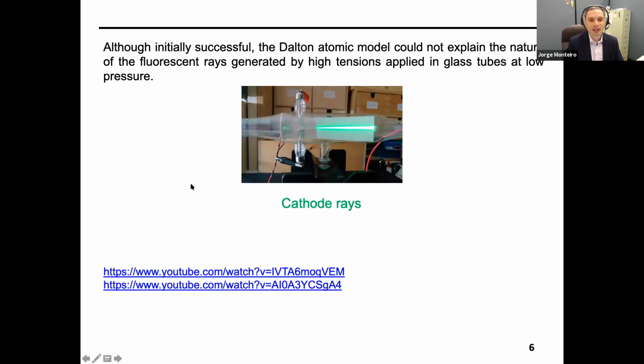Although initially successful, the Dalton atomic model could not explain the nature of the fluorescent rays generated by high tensions applied in glass tubes at low pressure. And those fluorescent rays that we observe in these conditions are called cathode rays.